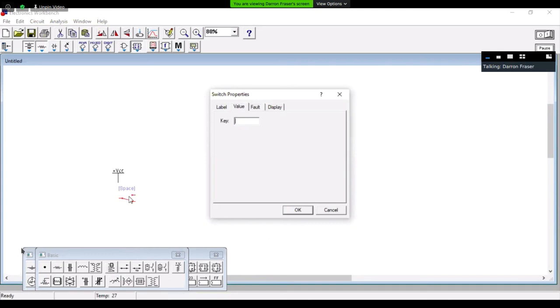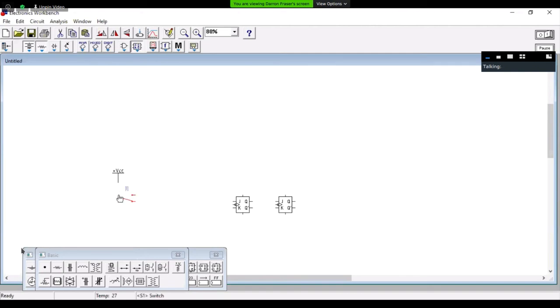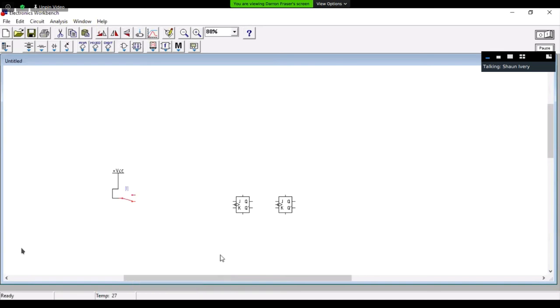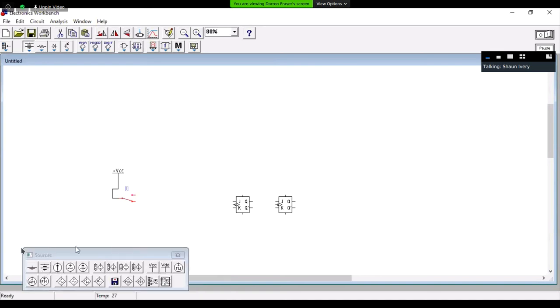You can change it to if you touch I. So we would have a V, and then we would need to ground it as well. So K is I plus B.